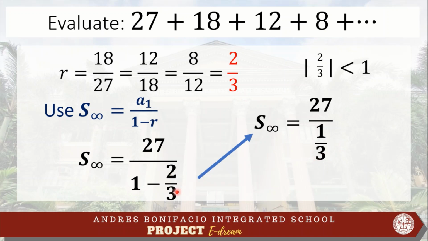So what you just need to do is multiply here the denominator 3 times 1. That is 3 minus 2. So the numerator is 1. Then over 3, simply copy the denominator. Then 27 divided by 1/3 is equal to 81. So the sum to infinity of the given infinite geometric series is 81.